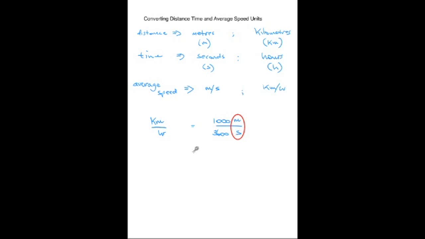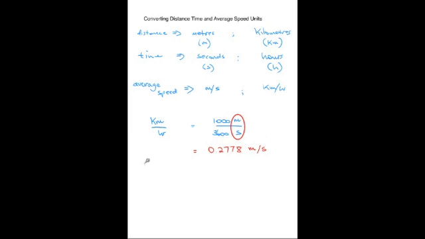Now what this in fact means is that 1 kilometer per hour is equal to 0.2778 meters per second. 1000 divided by 3600 equals 0.2778 rounded meters per second.